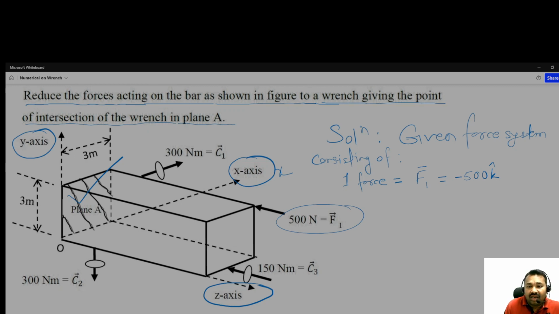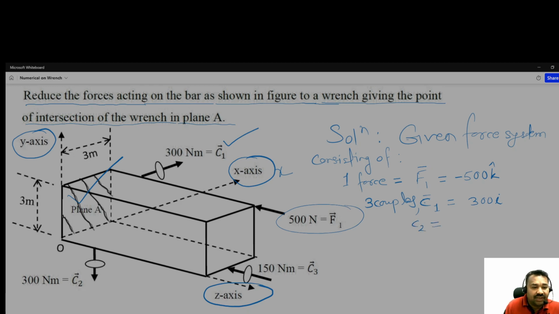And what about the couples? So three couples are there. Firstly, C1 is 300 Newton meter, and it is parallel to the x-axis, that's why I, and it is positive I. What about C2?